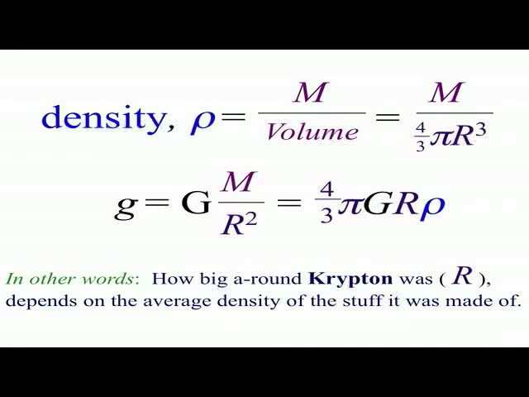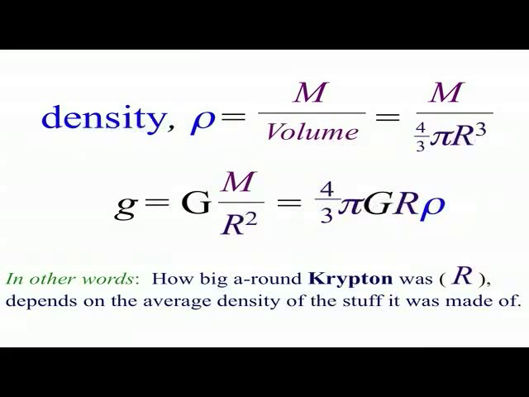If I go back to my formula for calculating the g-force on the surface of a planet, then the mass could be represented by the volume multiplied by the density. If I take the volume of the planet, multiply by the average density of the stuff inside it, I'll get its total mass. So in place of mass, if I put density times volume, and the volume is 4/3 pi r cubed up here, this simplifies.